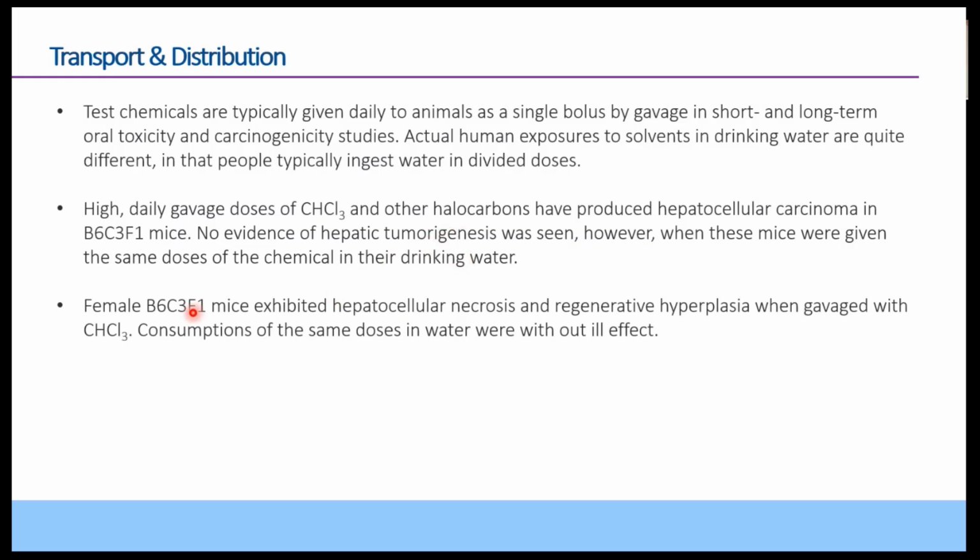And similarly, female B6C3F1 mice exhibited hepatocellular necrosis and regenerative hyperplasia when given CHCl3 by gavage. Consumption of the same doses in water was without ill effect. So you see that when the doses were given by gavage, the effects were seen, while when given in water, there were very few or no effects.